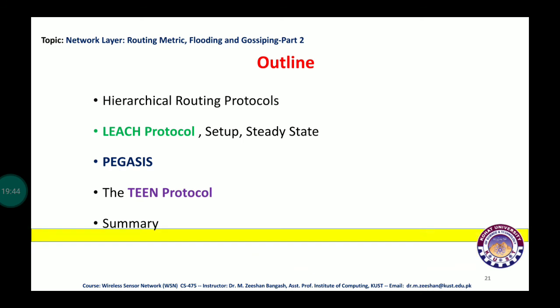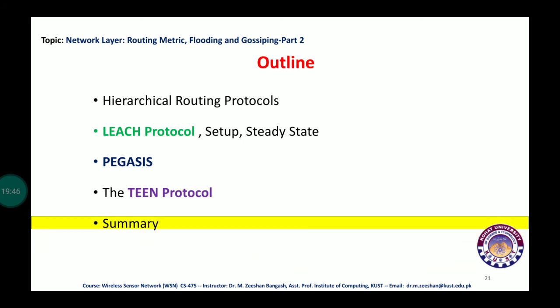And we discussed hierarchical protocols and some challenges. We talked about the proactive LEACH protocol.